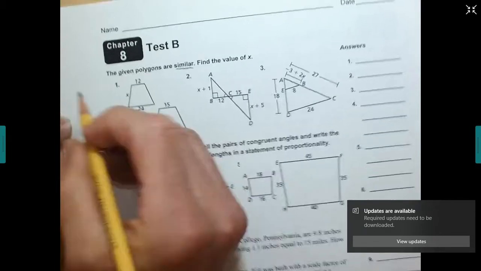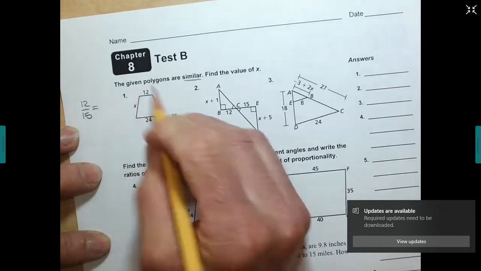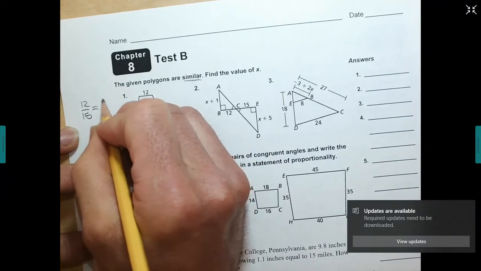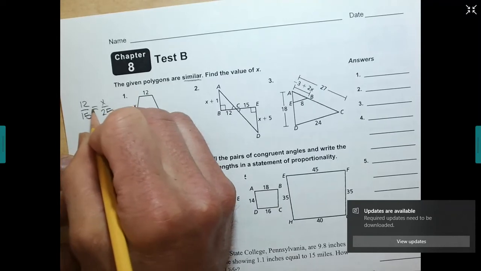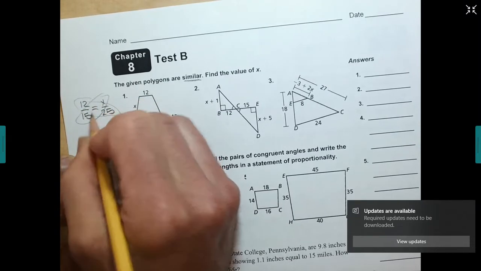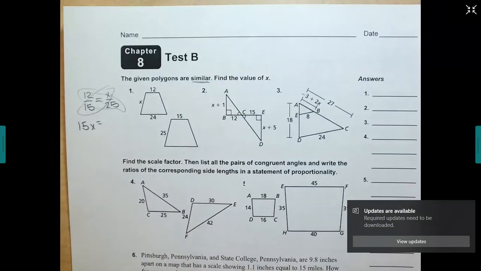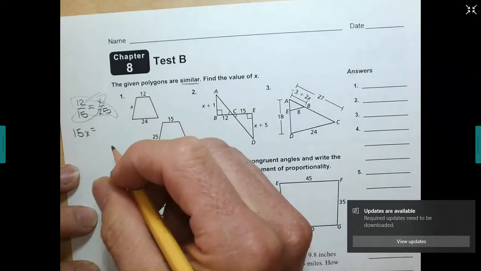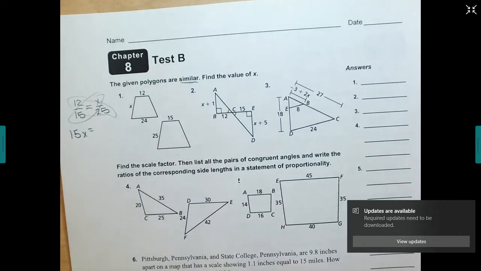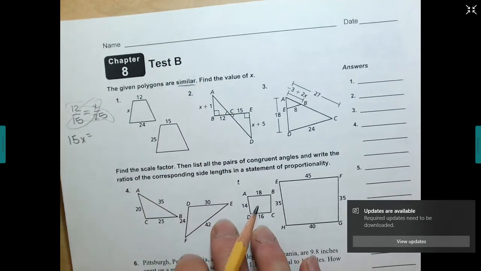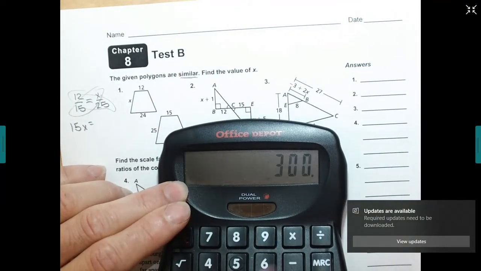So we're going to use 12 over 15 equals x over 25. Do my butterfly method, so 15 times x equals 12 times 25. 12 times 25 is, where's my calculator? 12 times 25 is 300.